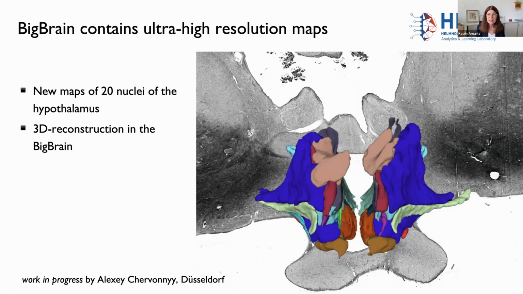Importantly, some of these nuclei are very closely related to the vegetative and hormonal system of the human brain. To understand their cellular architecture and their localization is extremely important. Such nuclei are too small and their contrast is too low to be seen in functional or even in structural high-resolution MR imaging.